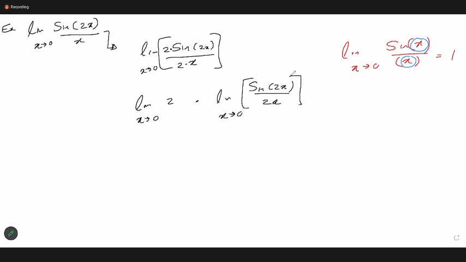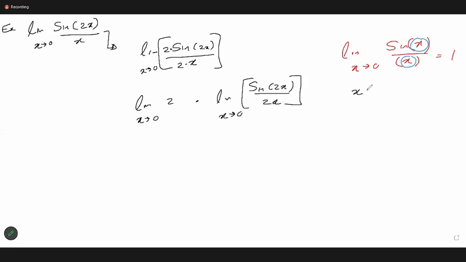This term is very similar to this part, but we need to do something more here. Here we are looking at the same variable approaching 0, but here the variable is 2x, while in the limit we are going to find x. So let's see this one.